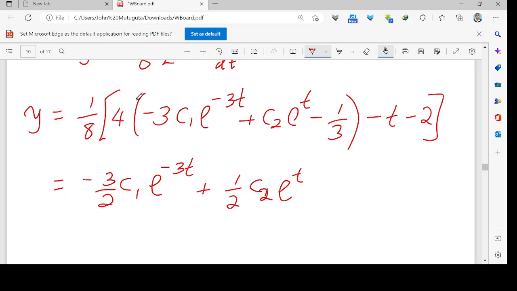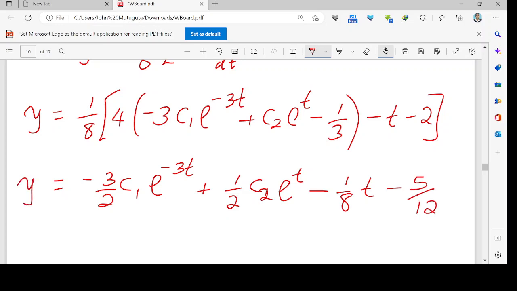This is becoming a half because we have a 1 over 8 times 4, which is a half. So then we have minus 1 over 8t minus 5 over 12.